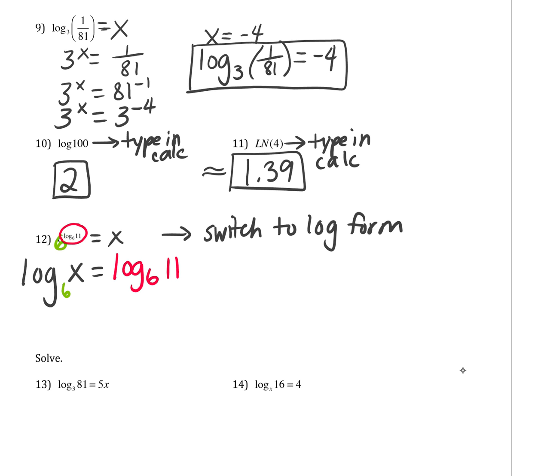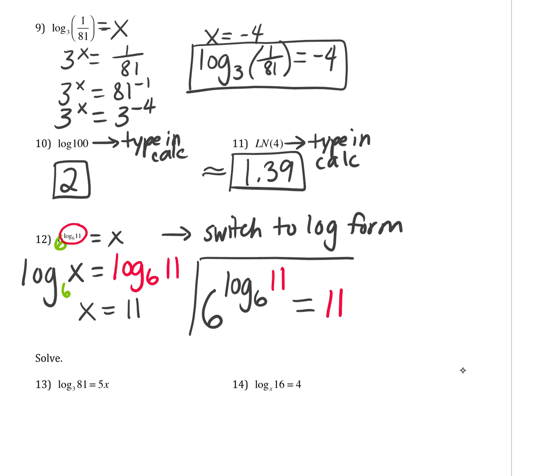It ends up happening that we get log base 6 on both sides, so same way that we could get rid of the bases before and set the exponents equal, we can set the inside of the logarithms equal to get x is 11. What I want you to notice in this question, when the bases are the same, your answer is the standout number, or the one that doesn't match the other two.